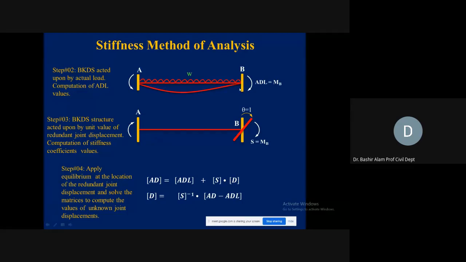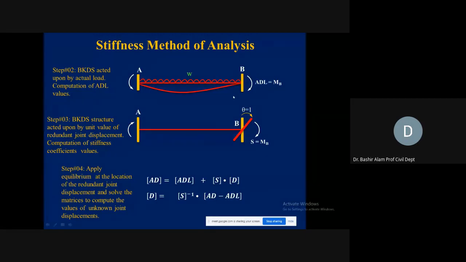Here, what was the procedure? We apply the unit load multiplied by whatever load is required to bring it back to its position. Now what will we do here? We apply a unit rotation multiplied by the actual movement, so that the moment here comes into equilibrium.